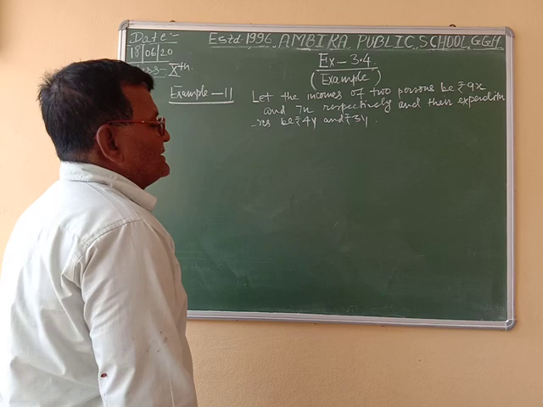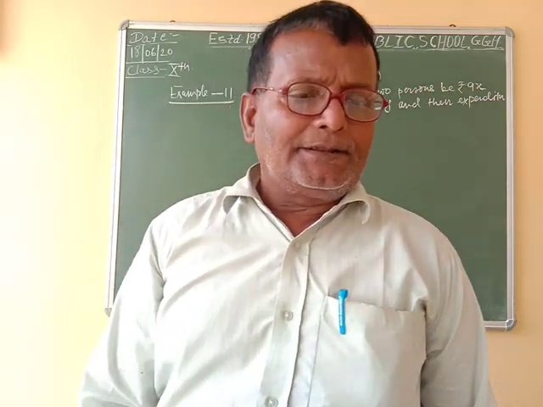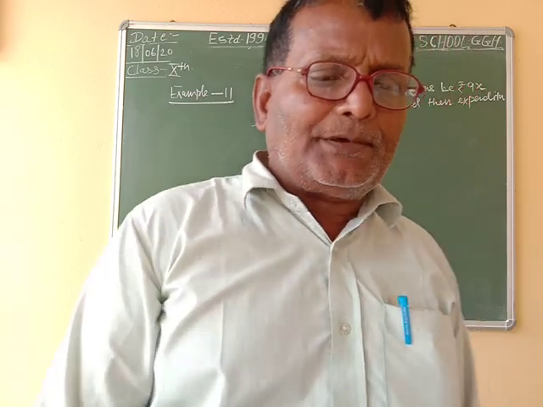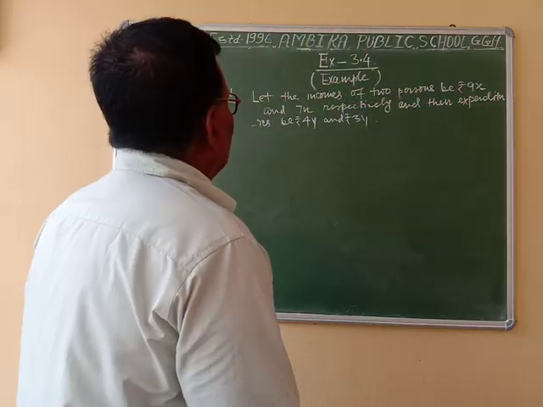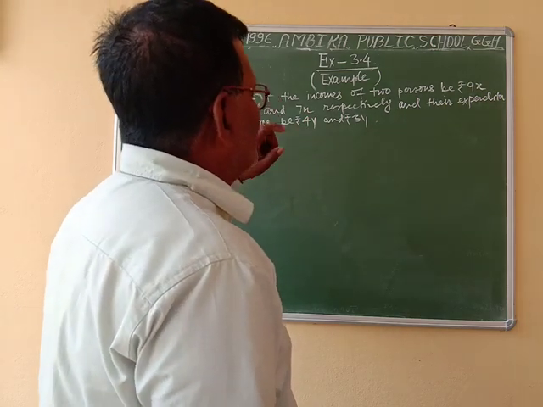Then according to the question, they save rupees 2000 per month. So income minus expenditure is equal to saving.